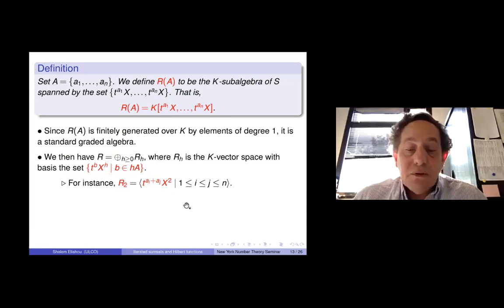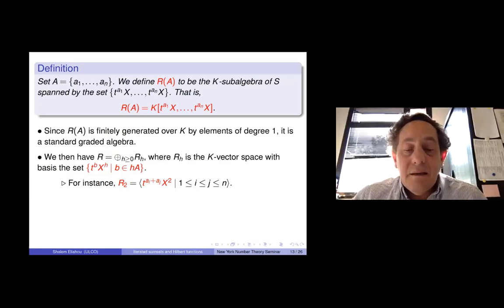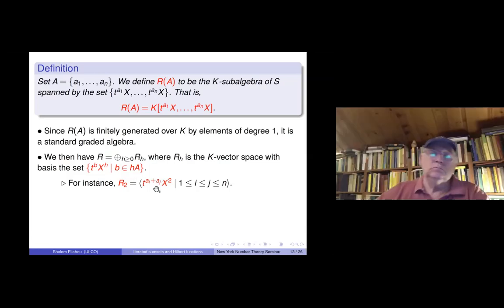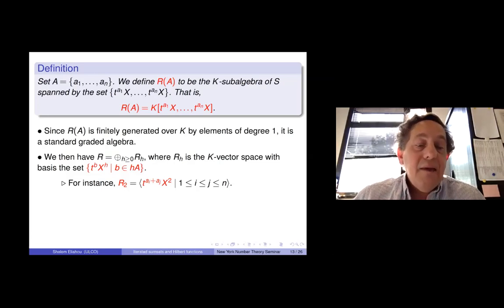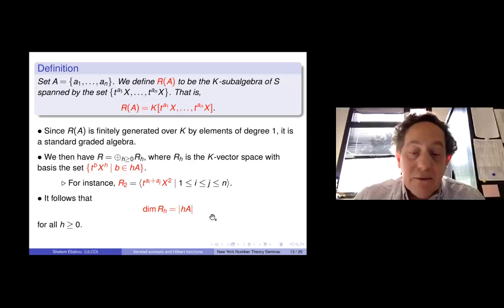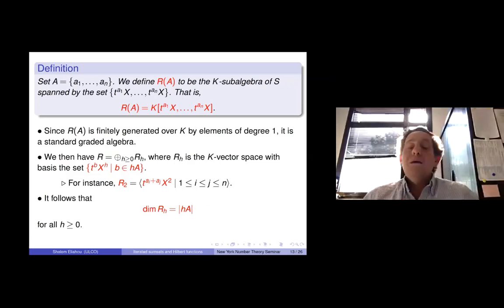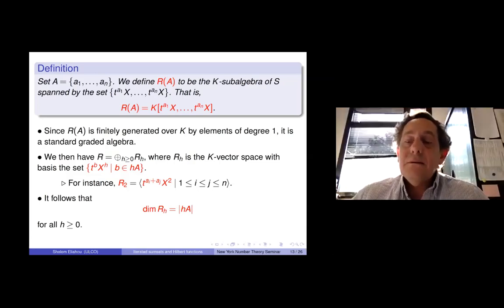So here it is clear that the dimension of R_2 is exactly the cardinality of the set A plus A. And this works for any h. And hence, this is exactly what we wanted. So this is wonderful. Now we have a standard graded algebra, and its Hilbert function models what we wanted to model.